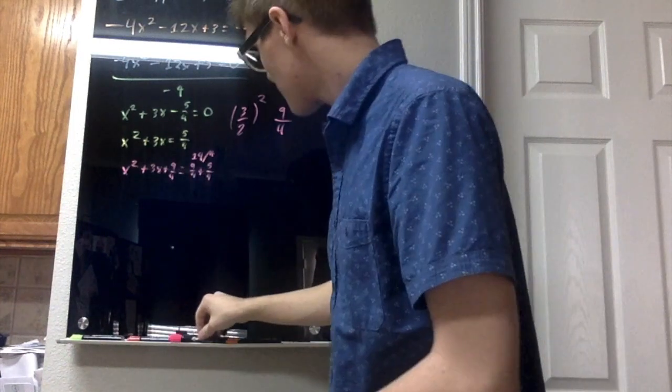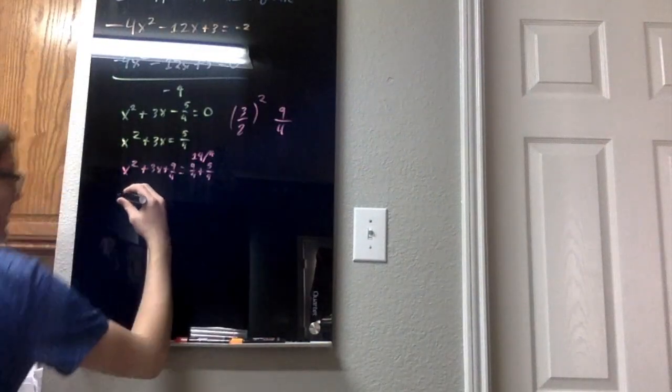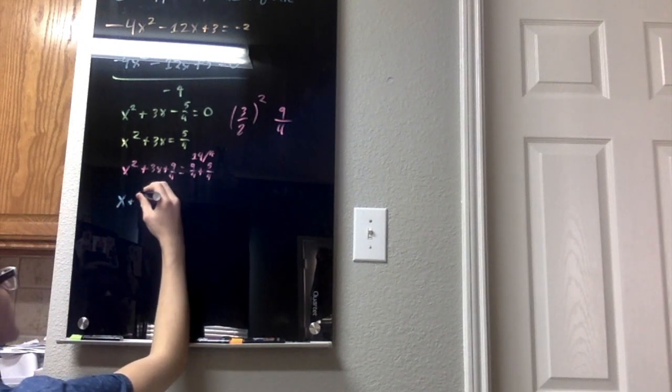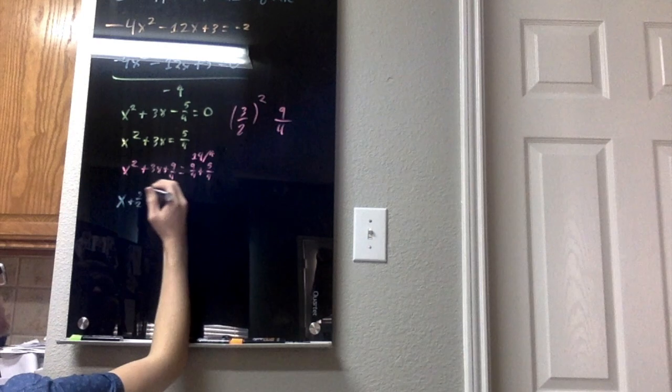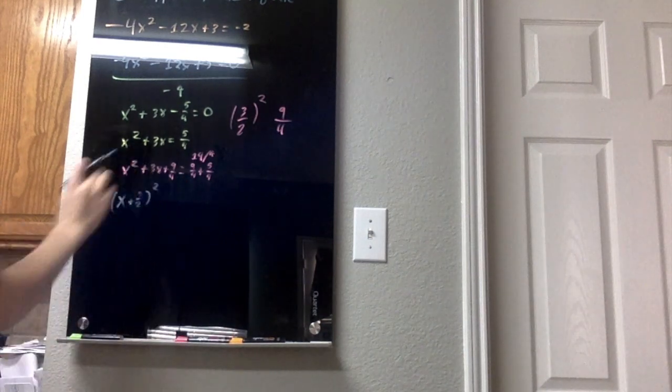So with our next equation, we're going to factor, and we're going to write in that 14 over 4. We factor x squared plus 3x plus 9 over 4, which gives us (x + 3 over 2) squared, because we just take half of the b value for that, and then equals 14 divided by 4.